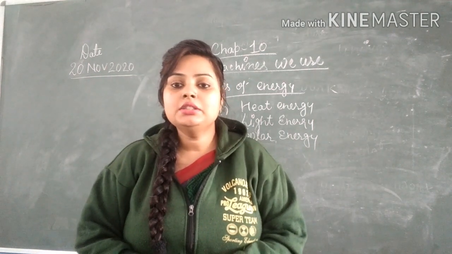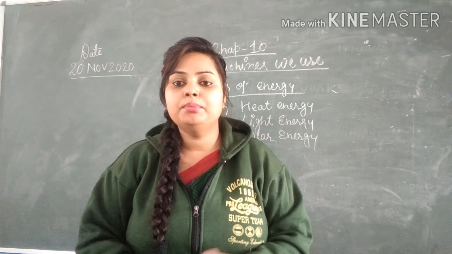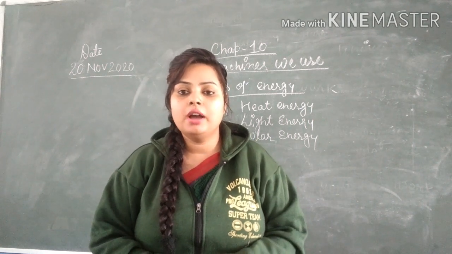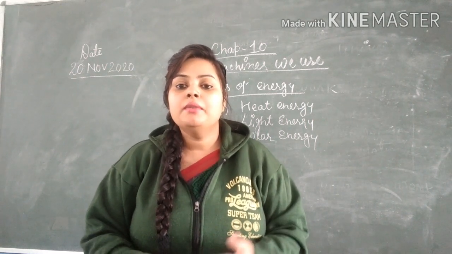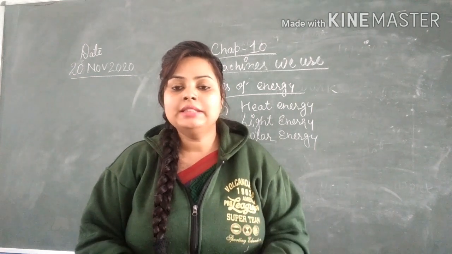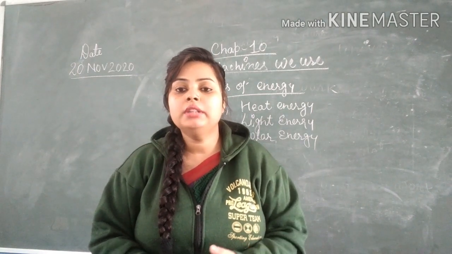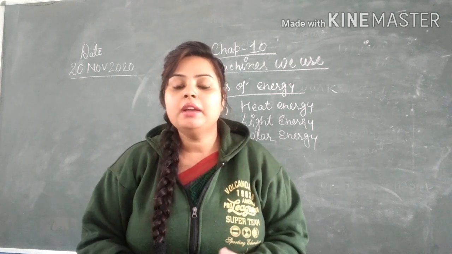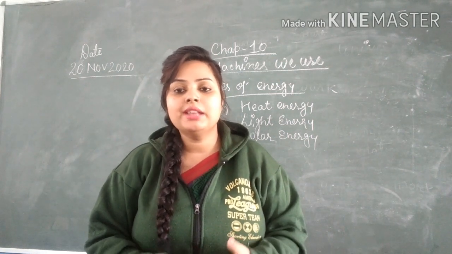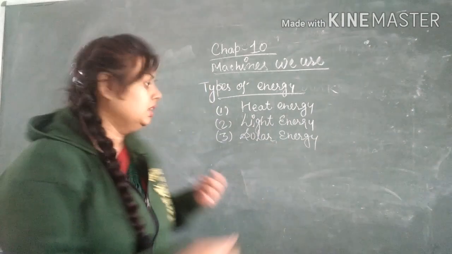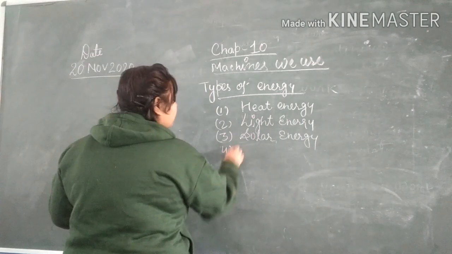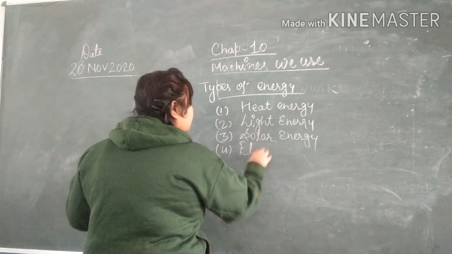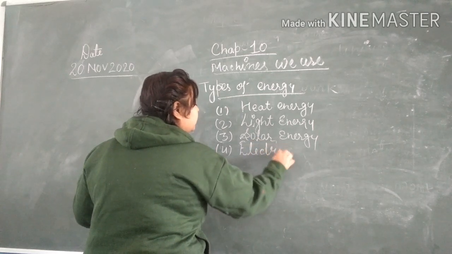Solar energy is used to trap the energy of the sun, and in ancient times and nowadays we use a solar cooker to make food by the sun rays. Next energy is electrical energy.